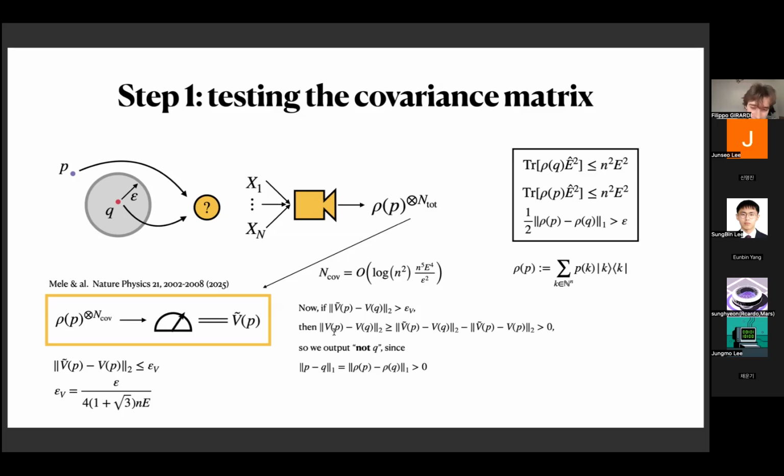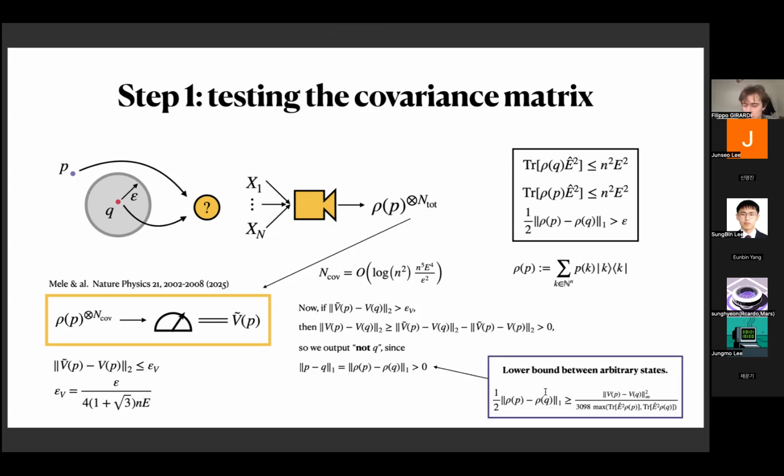So this means that the distance between p and q, which is the distance between rho p and rho q, remember that it is an isometry, is positive. Because if two arbitrary states have a strictly positive difference of the covariance matrix, the infinity norm of the covariance matrix, then they have this lower bound. So we can state that we are not observing Q because there is a positive distance. And so we are not making a mistake.